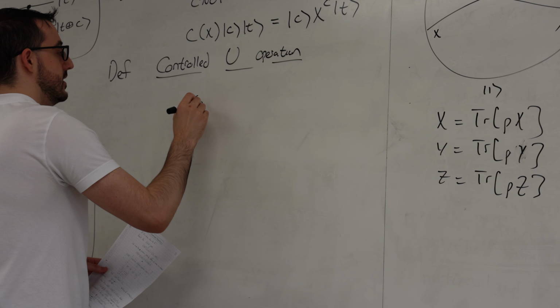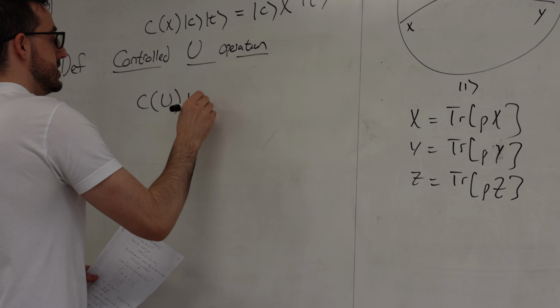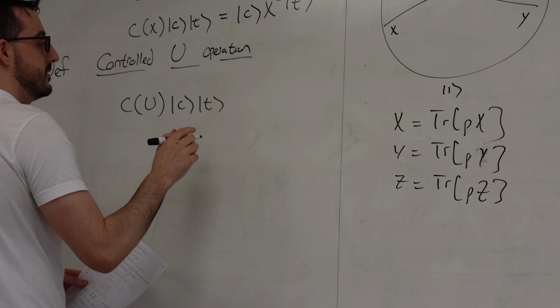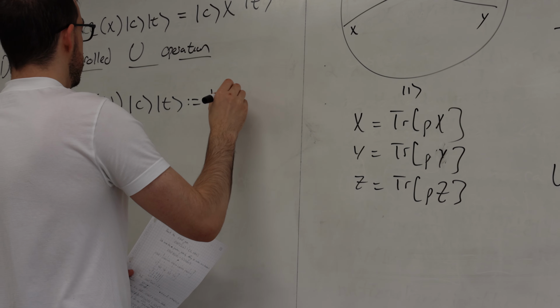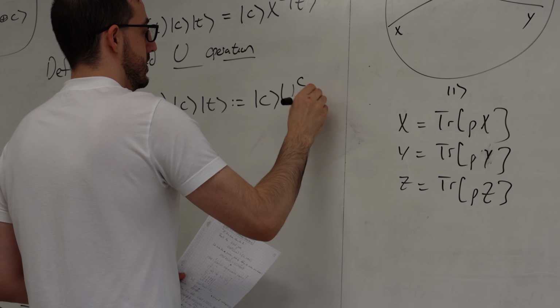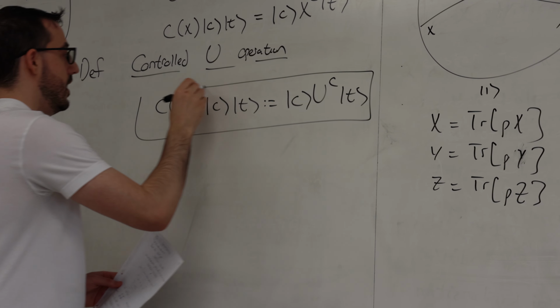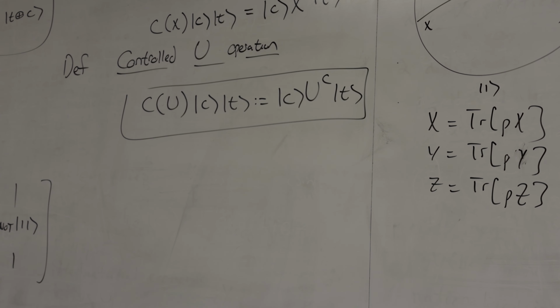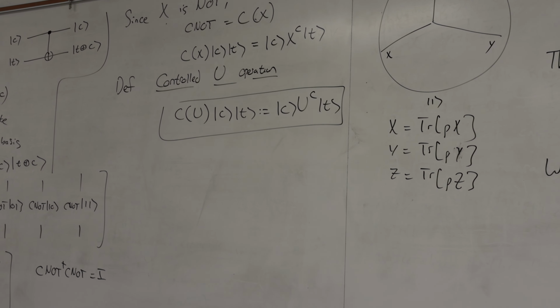So on a basis, the controlled version of whatever this U is, acting on a control register and a target register, will be the same definition: controlled U is U to the power C, acting on the target register. So this is how we define the controlled version of any operation, not just the NOT operation.